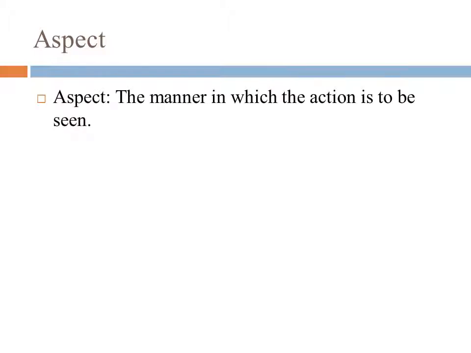So we want to look at aspect. Aspect is the manner in which the action is to be seen. Okay? The author is writing, and he wants you to see the action in a very specific way. So the author uses a verb with a different aspect to let you know. And there are three different aspects, and some grammarians would say only two, which is quite logical too.